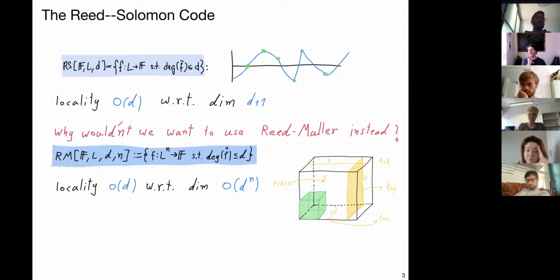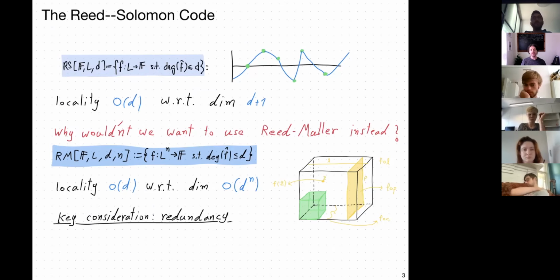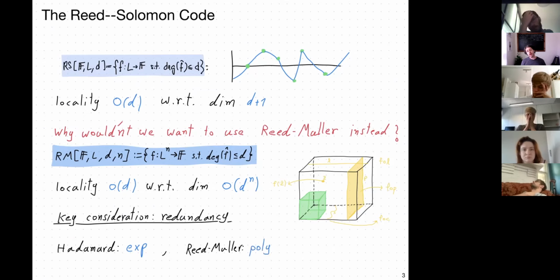So it's in the other direction, and the key point is this redundancy that I mentioned. It's how much more information we need, how much redundancy we add to get this structure. So for example, in the Hadamard code world, we get locality of 3. This is amazing, but we pay by encoding data with an exponential amount of extra bits. With Reed-Muller, we get a polynomial redundancy. And the nice thing about Reed-Solomon is that the dependency is linear.